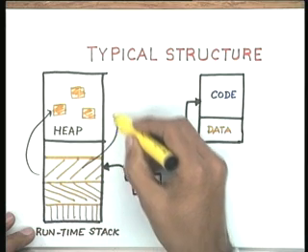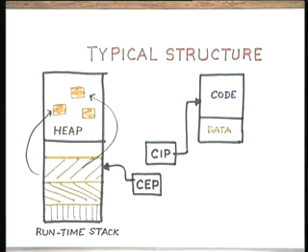So, let's make it very clear that the heap has got nothing to do with the heap data structure that you may have learnt in some data structure course. Here a heap just means a heap of data, that is it. I mean, it is literally a heap. It is like a junkyard. There is nothing else to it.